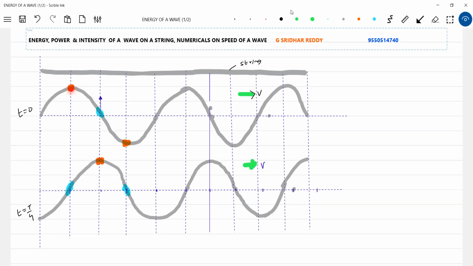Sir, how can you say potential energy? I'm just comparing with the elements here. So the element I picked up is this one. Sorry, I had to give color.